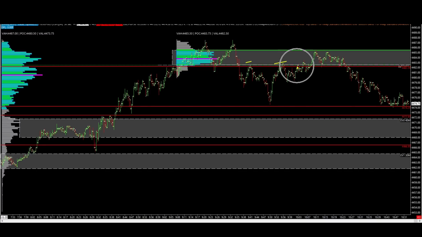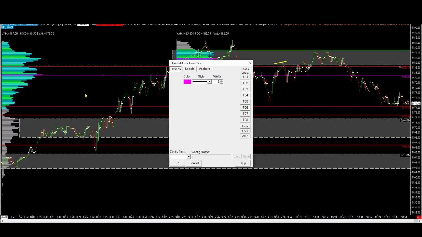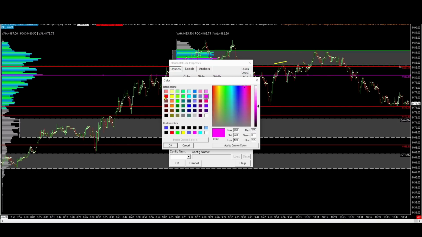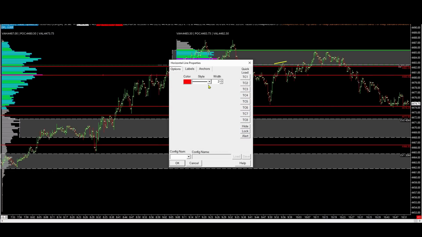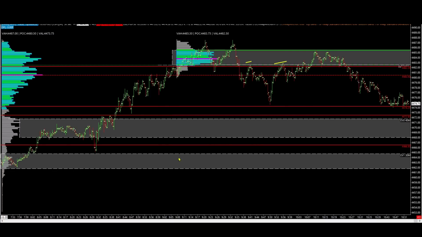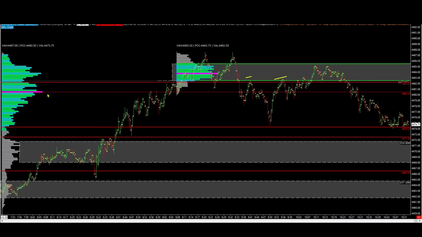So again, we have high EV here. We have a point of control at this destination, which for those of you who do the prep, may seem familiar. I use it mostly on composites, not intraday, but it could be used intraday. So this dotted line generally represents a point of control.